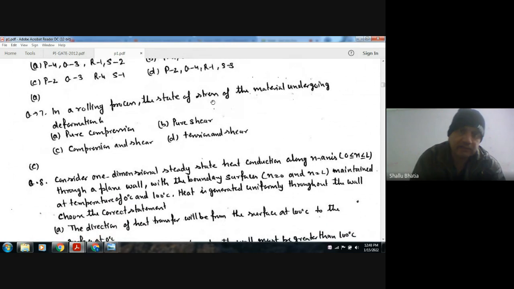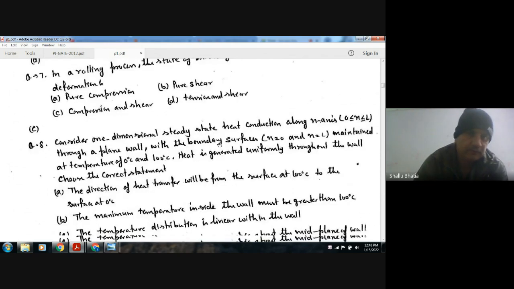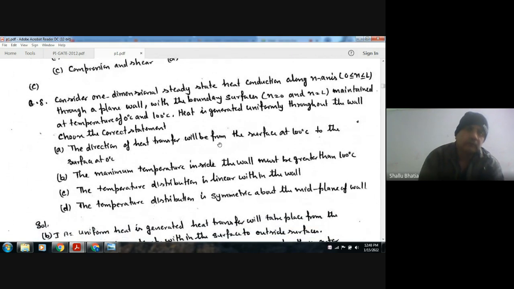Next, in a rolling process, the state of stress of the material undergoing deformation is subjected to: pure compression, pure shear, compression and shear, tension and shear. Next, consider one-dimensional steady state heat conduction along the x-axis, with x from 0 to L, through a plane wall with the boundary surfaces x equal to 0 and x equal to L maintained at temperatures of 0 degree Celsius and 100 degree Celsius.